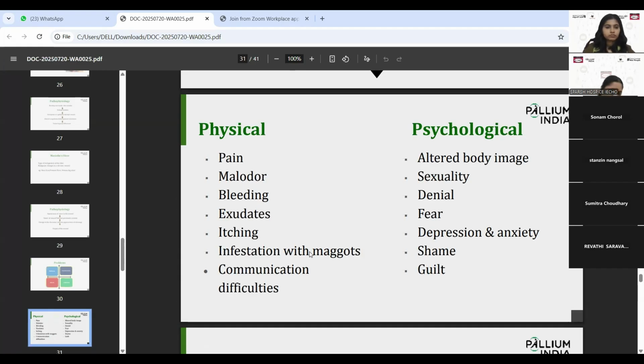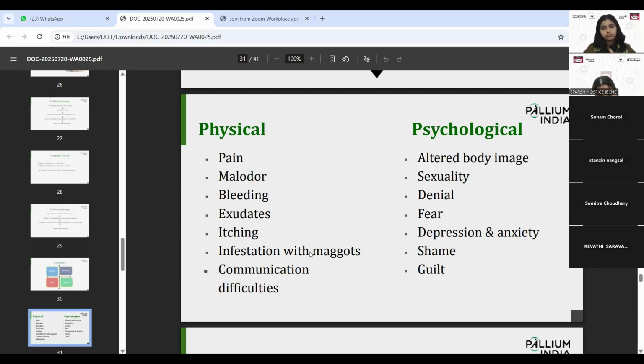Malodor, a bad smell, will be there. Then bleeding and exudates, because bacterial colonization and infection invading will cause the exudates. Small capillaries will be affected, so bleeding will be there. And itching, because of the rupture of the blood vessels and disruption of the skin surface.